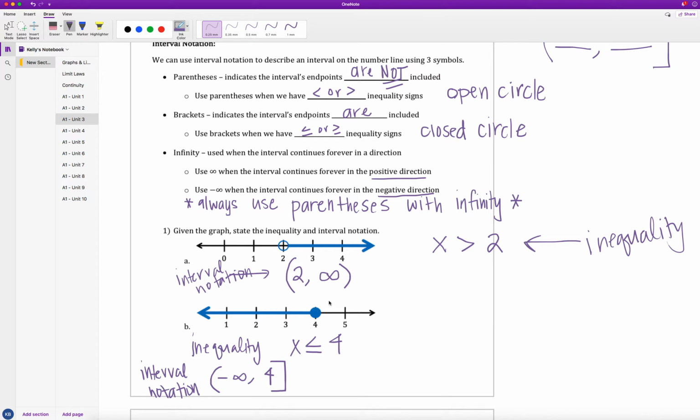So what this section is really focusing on is how do I go between those three concepts? How do I go from a graph on a number line to an inequality to interval notation and back to any other one? We have to make sure that we're fluent in being able to transfer between the three different notations: the graph, the inequality, and the interval notation.